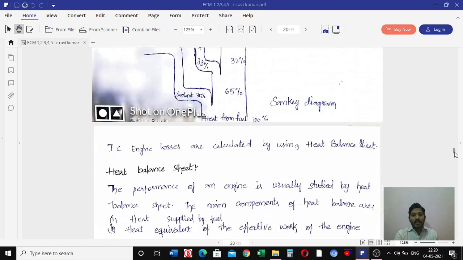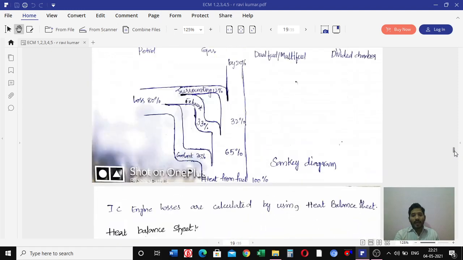According to the Sankey diagram, there are heat losses of 80% from the fuel, is it right? The heat losses of 80% are because of surrounding temperature losses of 12%, exhaust losses of 33%, and coolant losses of 35%.